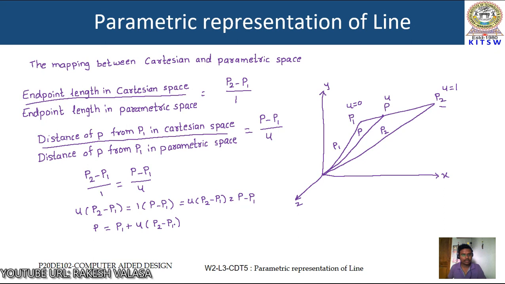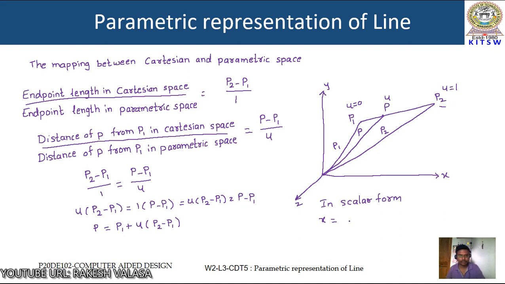You can write it in scalar form. Any point has three coordinates, in the x, y, z directions. P1 means x1, y1, z1 and P2 means x2, y2, z2.